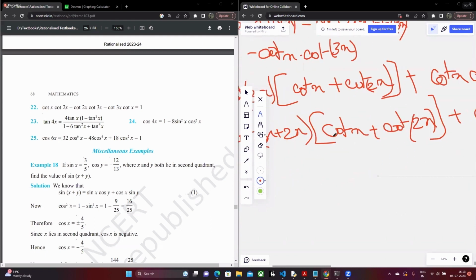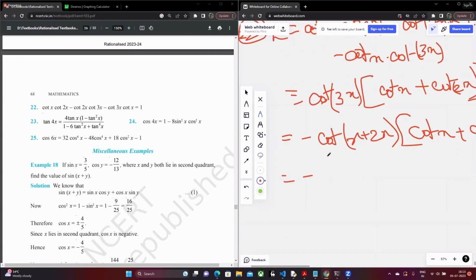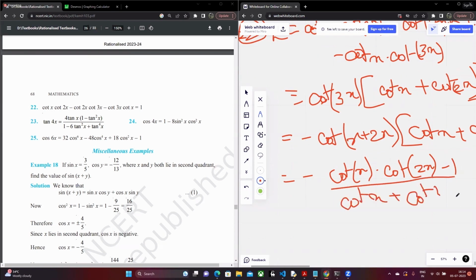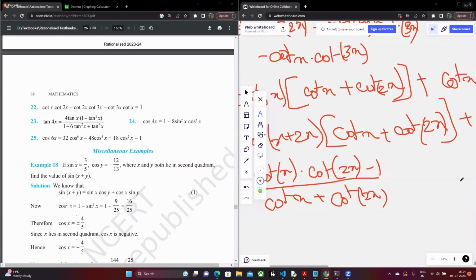Since we know the formula for tan of x plus y, we know the formula for cot of x plus y, right? Cot of (x plus 2x) is going to be equal to cot x into cot of 2x minus 1 divided by cot x plus cot of 2x, right? Into cot x plus cot 2x.